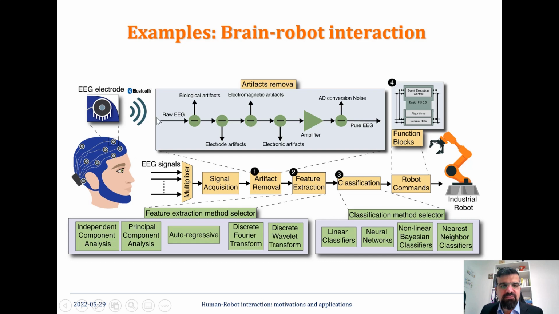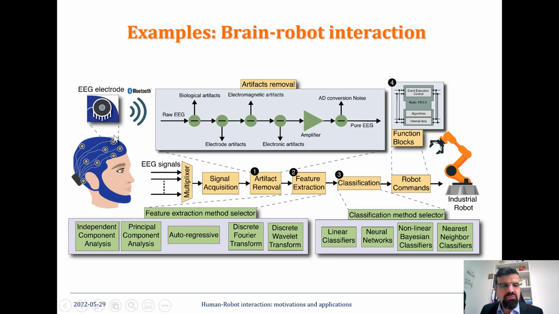After training the system with a set of commands, it is possible to identify the features of the brain waves of the human, and use that to classify and decide which thought or command the human is thinking about. Of course, it also includes an artifact removal stage, where we remove any artifacts or noise in the signals captured by the system.